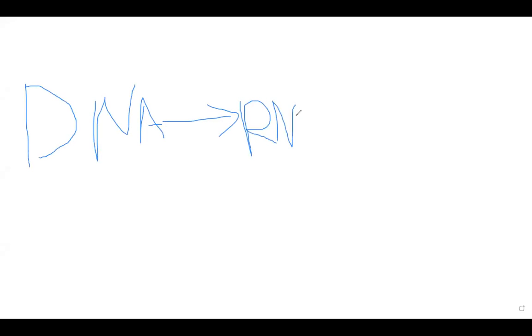I'm going to do a whiteboard here. So if you think back to earlier in the semester, we talked about how we can take DNA and make RNA, and then we can take that RNA and make proteins. We call this gene expression, right?